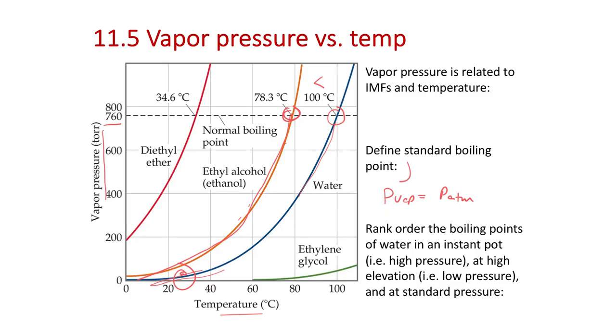If you weaken the intermolecular force even more, going to a compound that doesn't have hydrogen bonding capabilities, like an ether, like diethyl ether, you then have an even lower boiling point and, at all temperatures, higher vapor pressure. So stronger intermolecular forces lower the vapor pressure at a given temperature. Stronger forces, lower vapor pressure; weaker forces, higher vapor pressure and therefore lower boiling points. Diethyl ether reaches its boiling point closer to 35 degrees C.